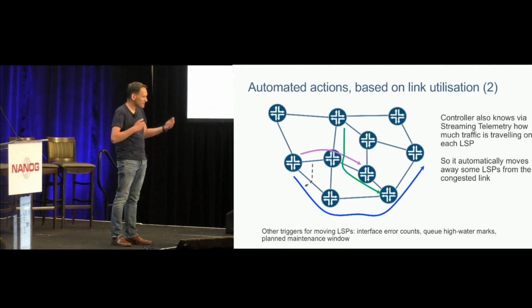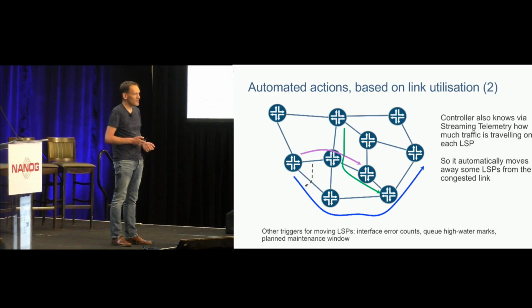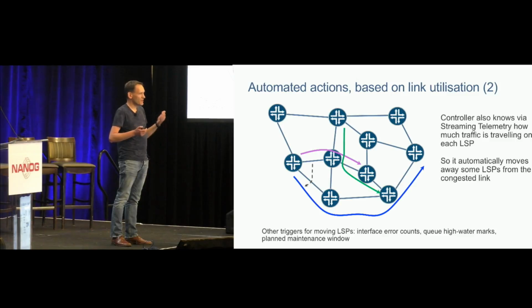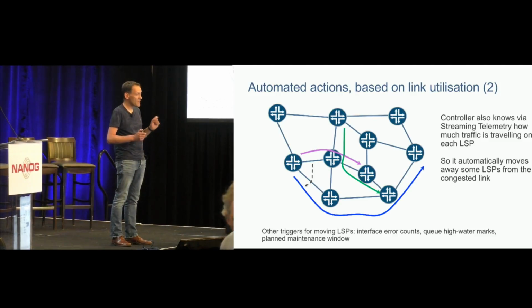And so this is a fully automated closed loop automation. Traditionally, this type of so-called traffic engineering people have done manually. It's quite labour intensive. Somebody's got to realise that a link's got towards a congestion point. They need to recompute the paths of some LSPs. It's quite tricky to do that manually.